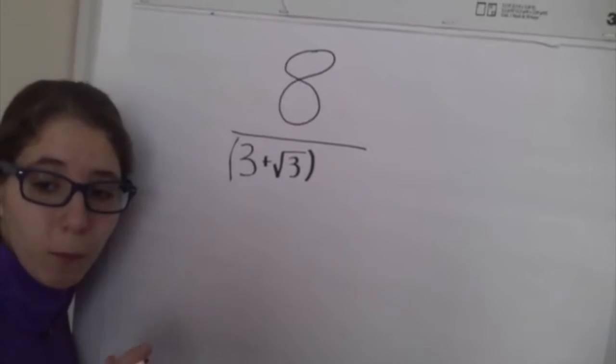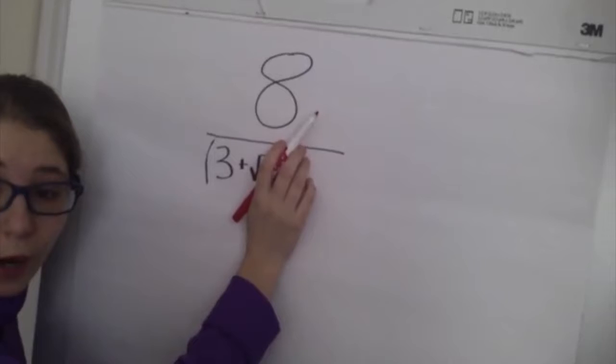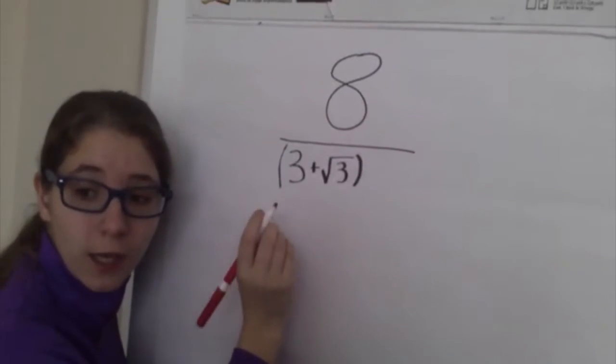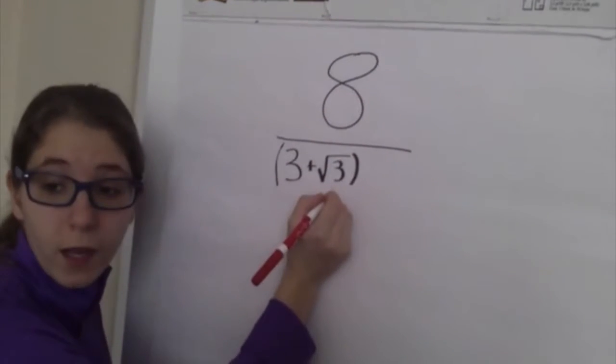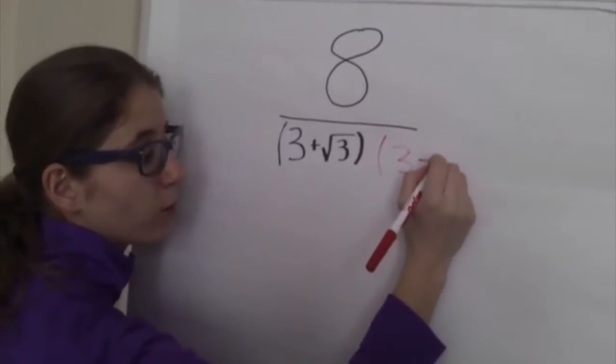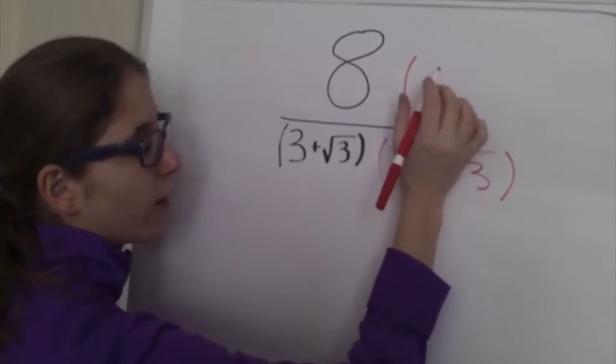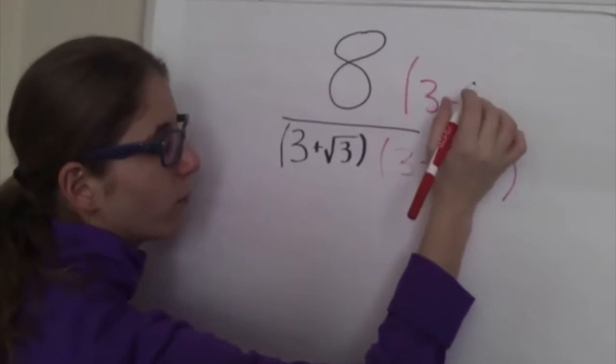You will have to multiply the numerator by the conjugate pair as well. In this case, the conjugate of 3 plus radical 3 is 3 minus radical 3. And then you have to do that to the numerator as well.